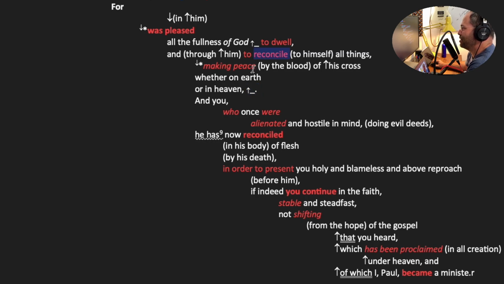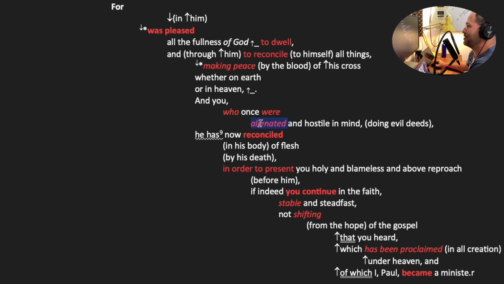Reconciled by who? Reconciled by the Father, who was pleased to allow all the fullness to dwell in his Son. And the Father was pleased also to reconcile all things to himself, things on earth and things in heaven, and even you, by making peace by the blood of his cross. You were reconciled. You who were once alienated.